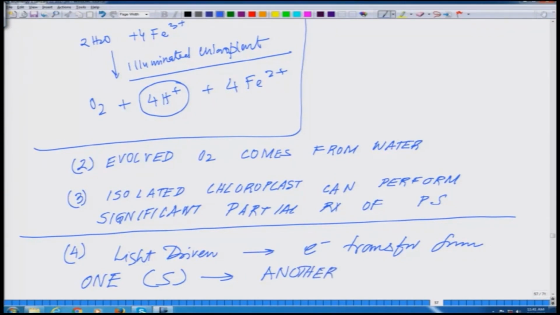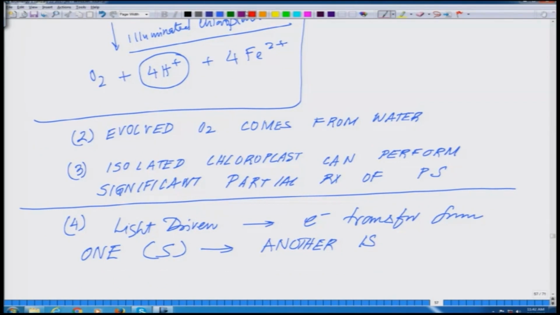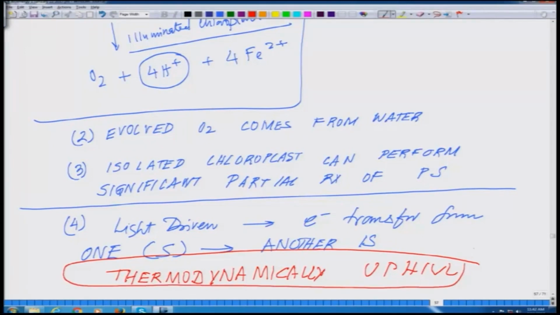S stands for substrate, is thermodynamically uphill, and this is something against the gradient. So, it means the electron transfer is happening not down the gradient all the time, it happens up the gradient.